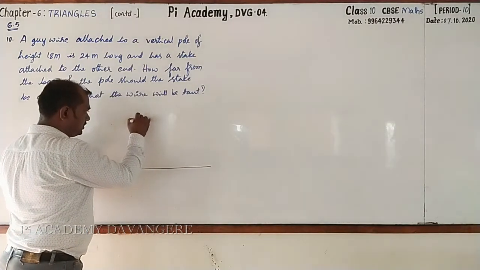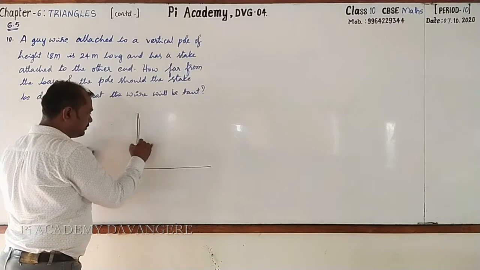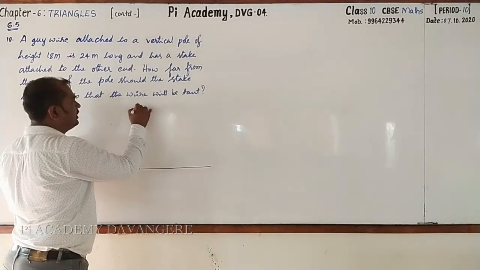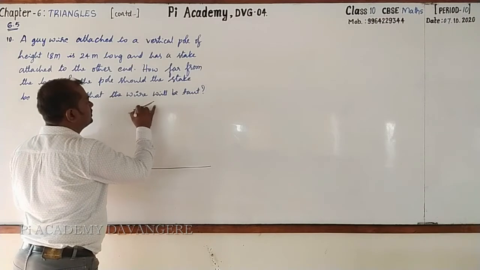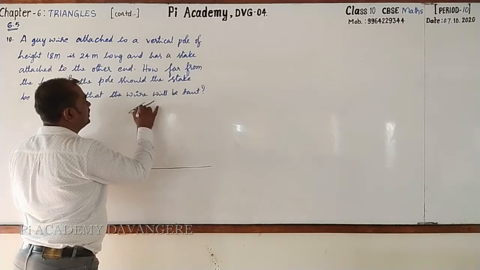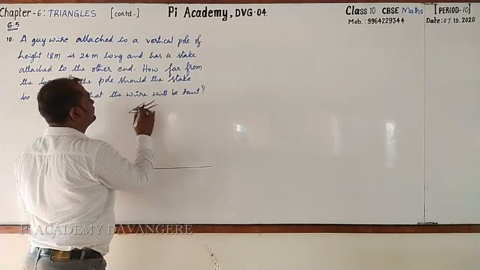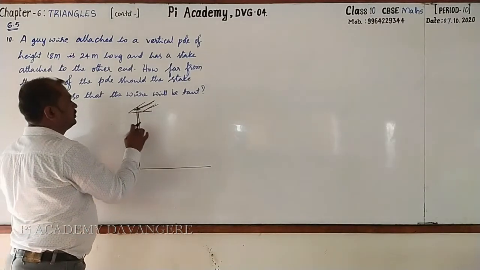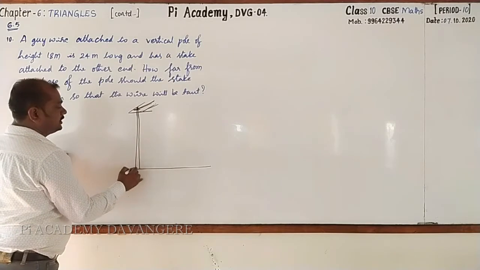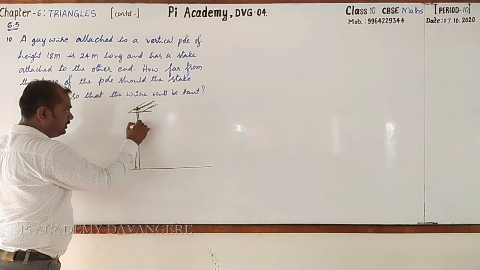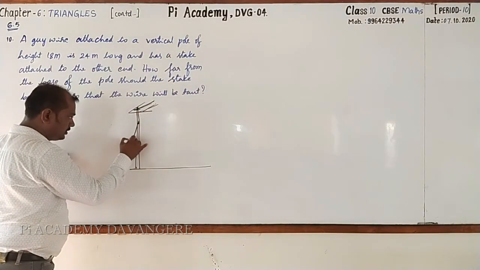Observe. Assume that this is the electric pole. Just they are given pole only, but I have taken electric pole. So this is neutral wire, live wire. Observe. And there is no support, hence we go for using the guy wire.